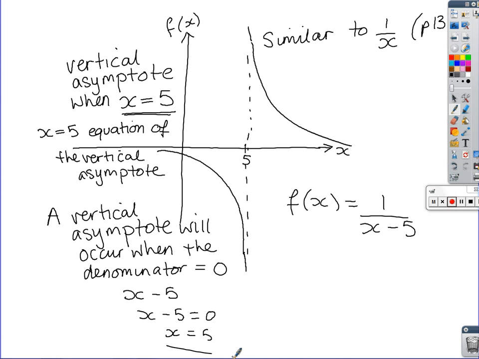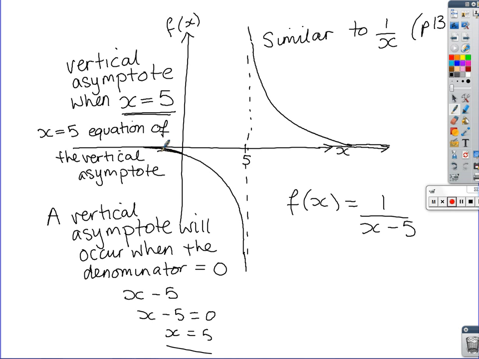Now this graph also has horizontal asymptotes, and that's when x gets greater, it's approaching the x-axis but not actually touching. Also, the negative side is approaching. Now I've drawn that to touch.